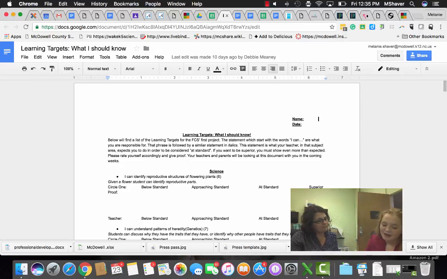Can you understand patterns of heredity in genetics? So it says that I can discuss why they have the traits that they have or why other people have the traits that they have. I have the traits that I have because my dad had brown hair and brown eyes, and my mom had red hair and blue eyes. Brown hair is a dominant trait, whereas red hair and blue eyes is recessive.